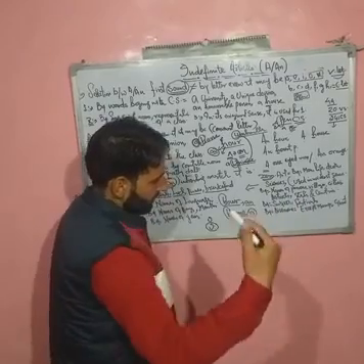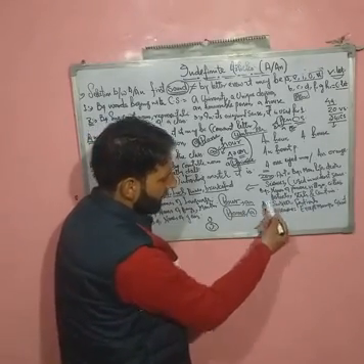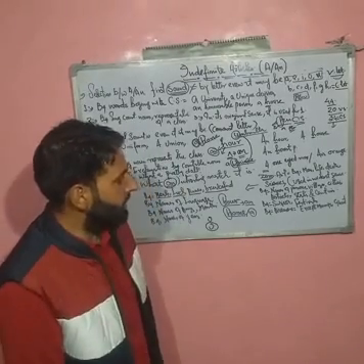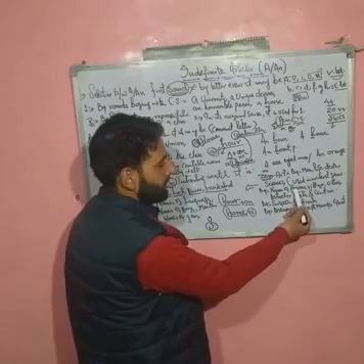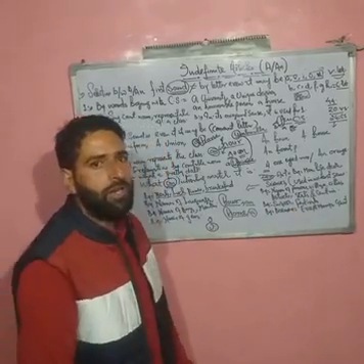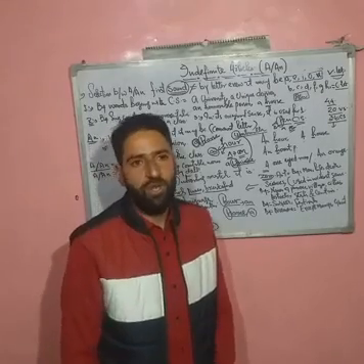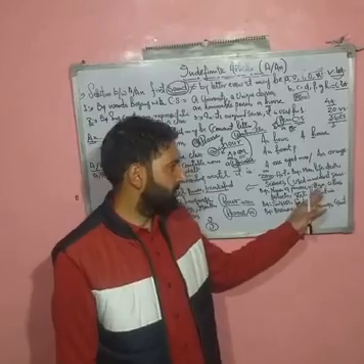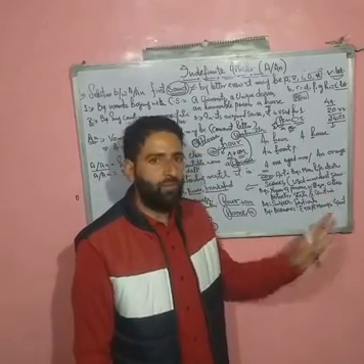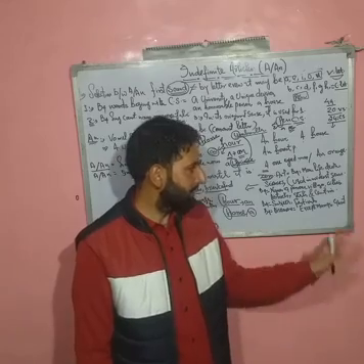One more point I am supposed to explain here: before which we can't use any type of article. Names of persons. Suppose I say Rakesh is an intelligent person. Before Rakesh I cannot use any type of article. Villages: before villages we should also omit articles.